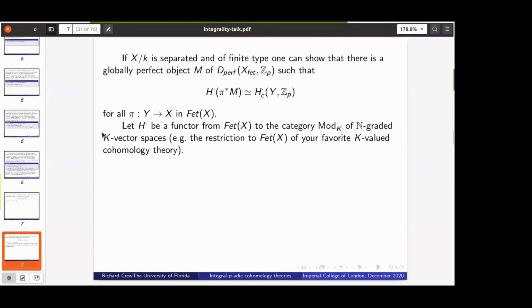So let's suppose that H dot is a functor from the finite étale site to the category of N-graded k modules, k vector spaces, okay? So you can take it, for example, to be the restriction to the finite étale site of your favorite K-valued cohomology theory.